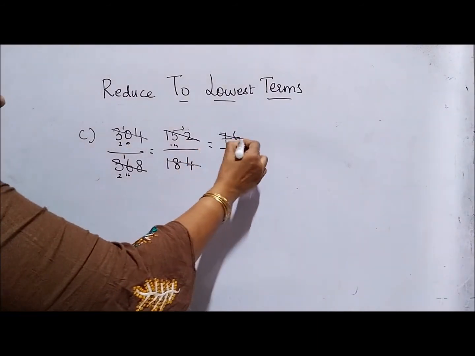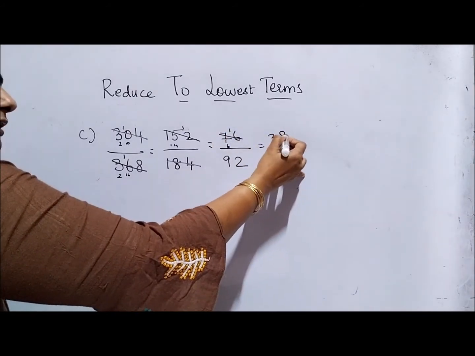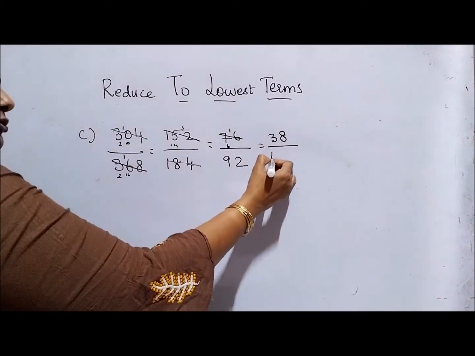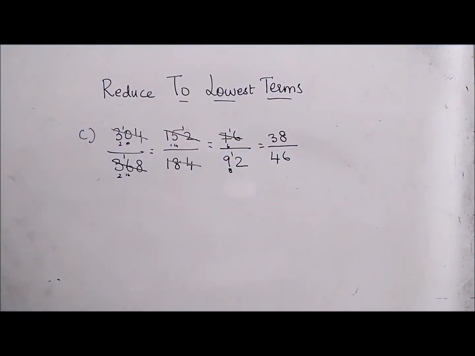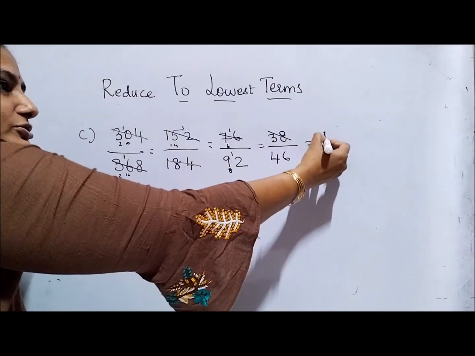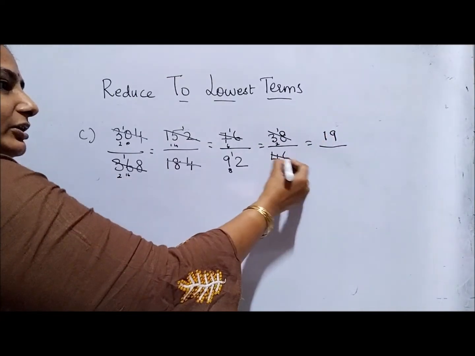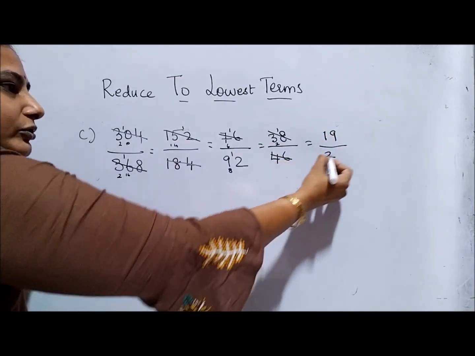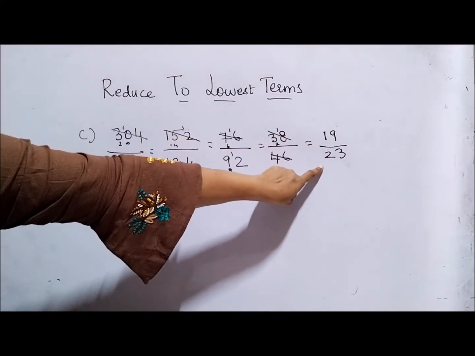So 2 9s are 18, no remainder, 2 2s are 4. Again 2 tables. 2 3s are 6, 2 4s are 8, 2 6s are 12. Again even number. 2 1s are 2, 2 9s are 18, 2 2s are 4, 2 3s are 6. Now nothing common between 19 and 23.